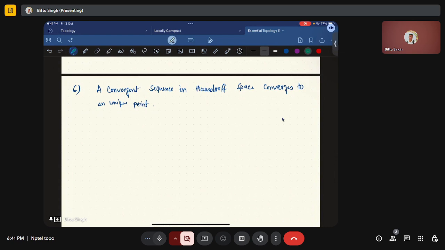Now question number 6. A convergent sequence in a Hausdorff space converges to a unique point.